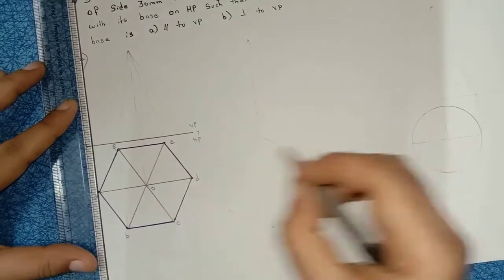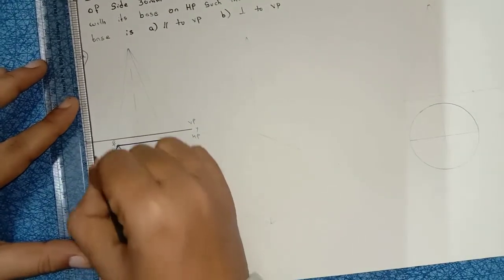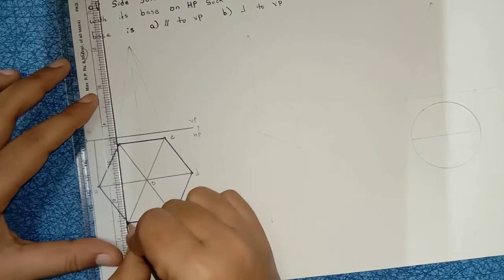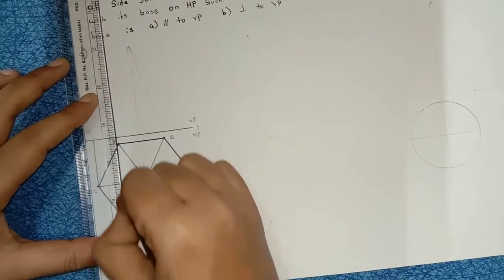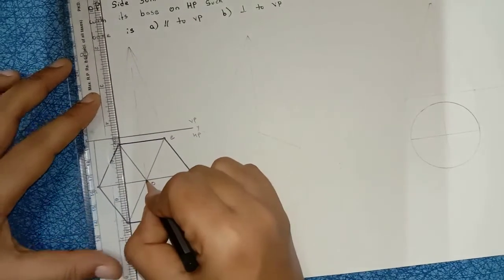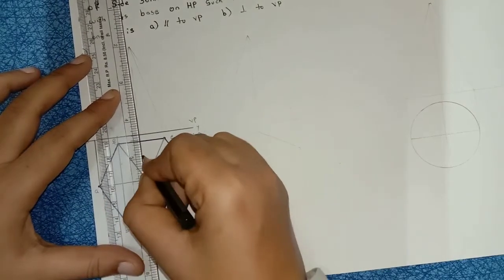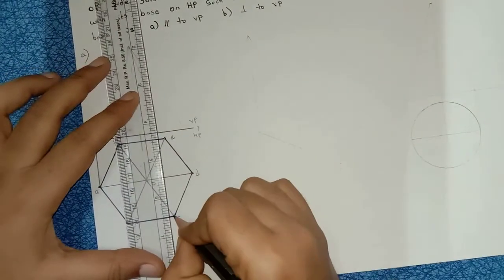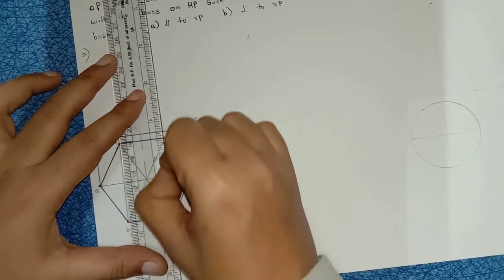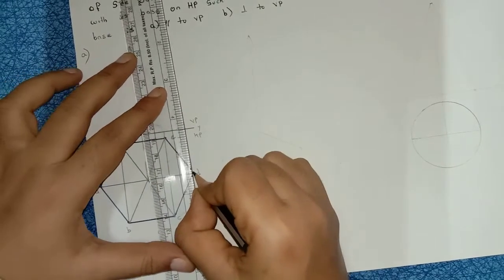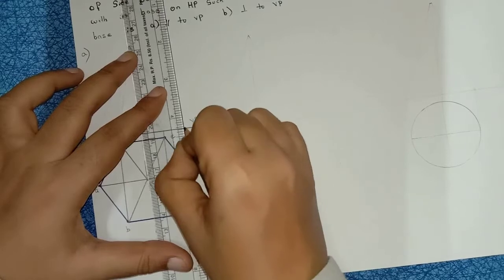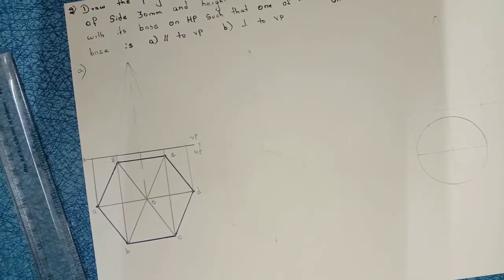From point A, project the line till this reference line. From B and F, project the line till this reference line. From O, this is our axis line, project the line till this reference line. From C and E, from D, project all these corners of this hexagon till the reference line.